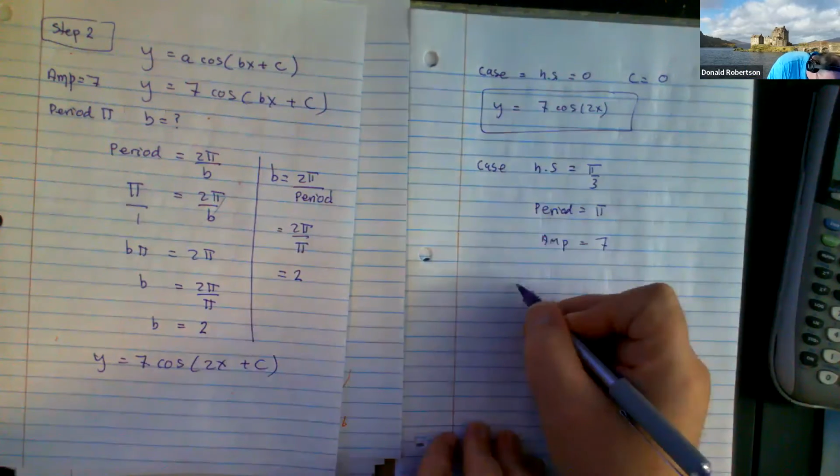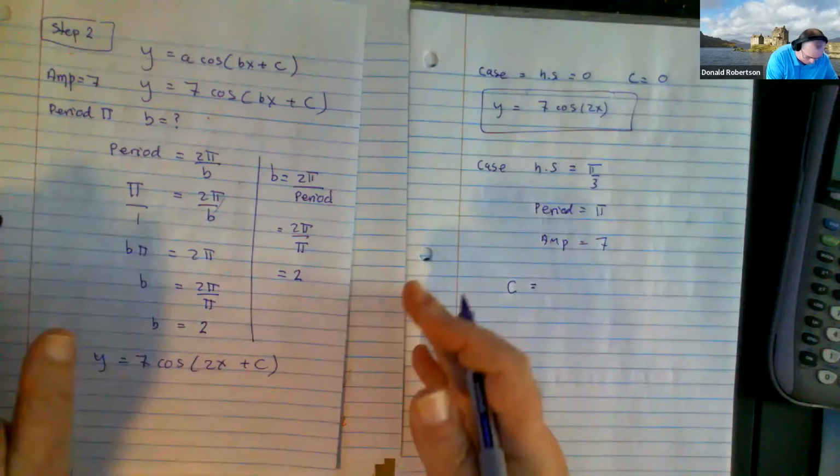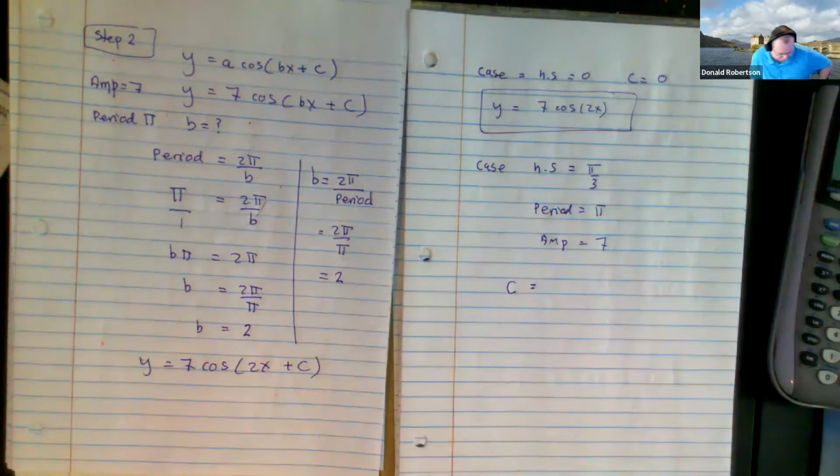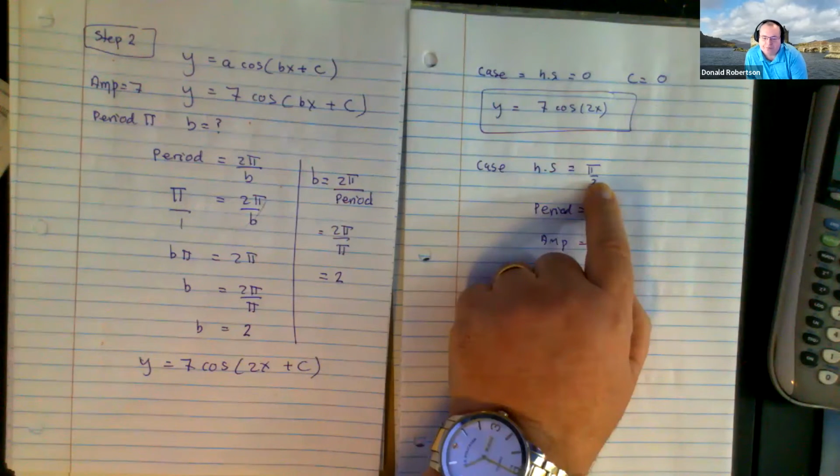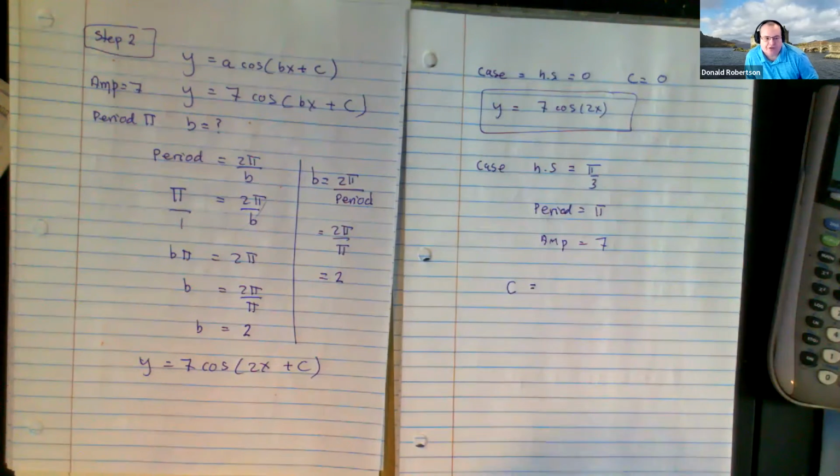To get the value of C, any suggestions about how we use the value of the horizontal shift to find the missing C?